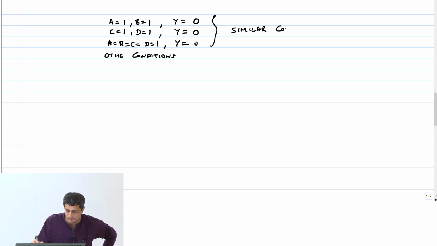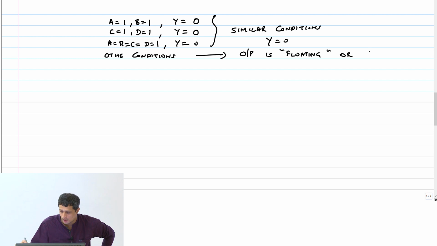Similar conditions, right? Y equal to 0. Other conditions, output is floating. Okay, you'll hear this term. Or high impedance, in high impedance state, right?